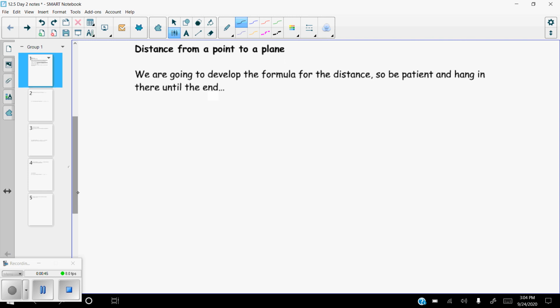Let's go ahead and just sketch. Got ourselves some kind of a plane here. It's kind of floating in space. And we're going to have some kind of a point up here.